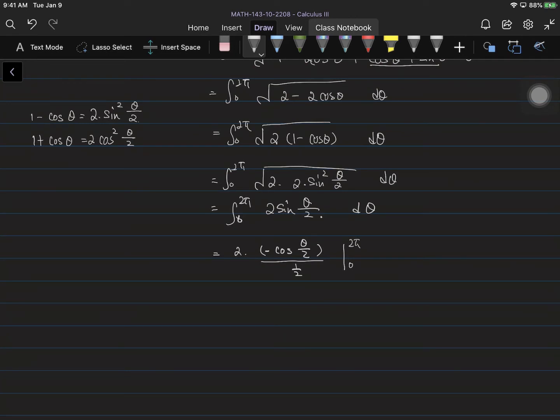Now this equals negative 4 in front, times cosine pi minus cosine 0. Cosine pi is negative 1, minus 1, gives us negative 2. Negative 2 times negative 4 is 8. So the final answer should be 8.